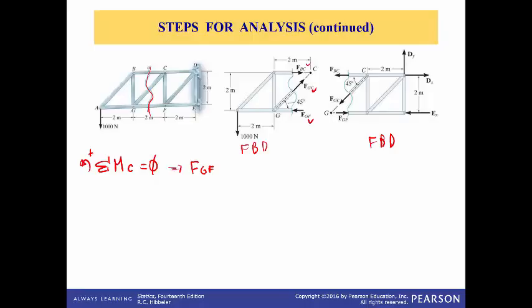In this case it's negative because they knew it was going to be negative, but in your case you always assume that it's in tension, and we'll figure out the magnitude of that force and the direction, but for now we can leave it like that.